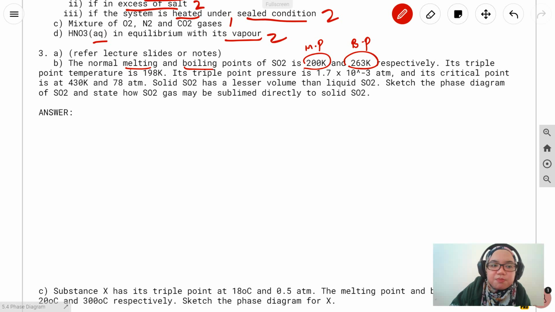Its triple point temperature is 198 Kelvin. So, this is its triple point. And the triple point pressure is at 1.7 times 10 negative 3 atm. Its critical point is at 430 Kelvin and 78 atm. This is its critical point.